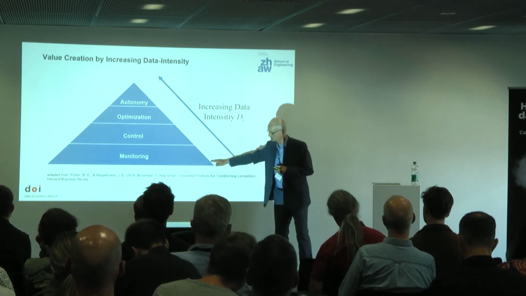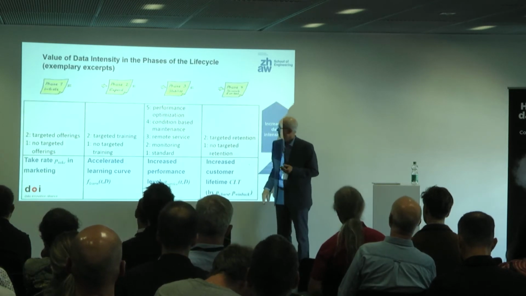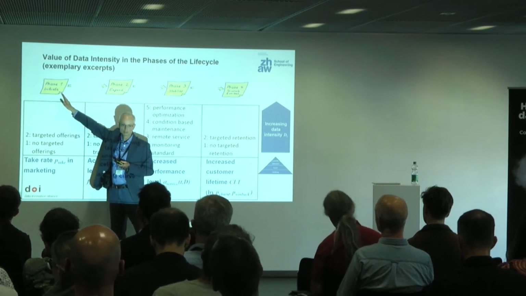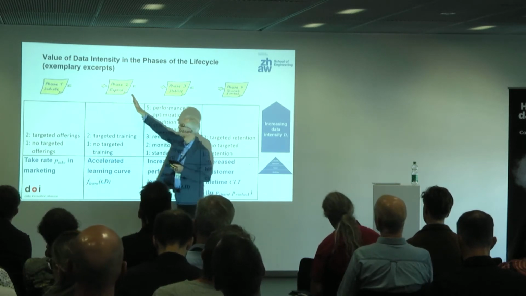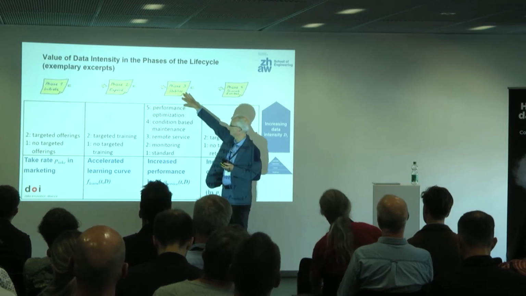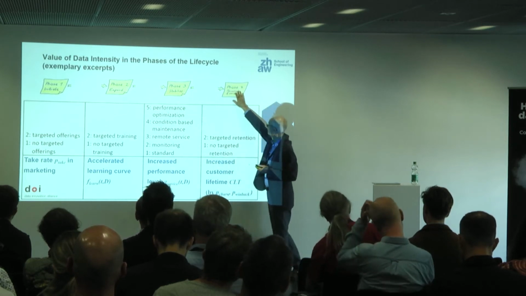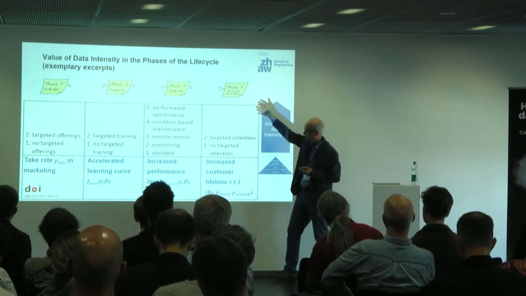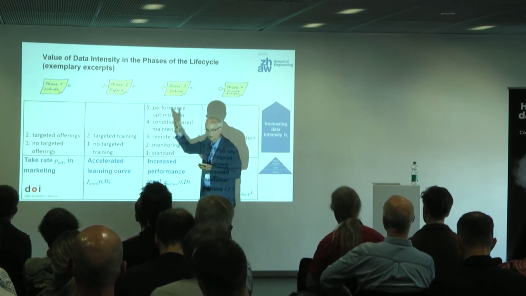We apply that scheme. Now, what did we do? We took those 4 steps, as I explained: marketing phase, selling the right product to the right customer, learning, getting most out of it during the operations phase, and then end of life cycle, keeping the customer back or creating value there. And now you see we took an example set of services.